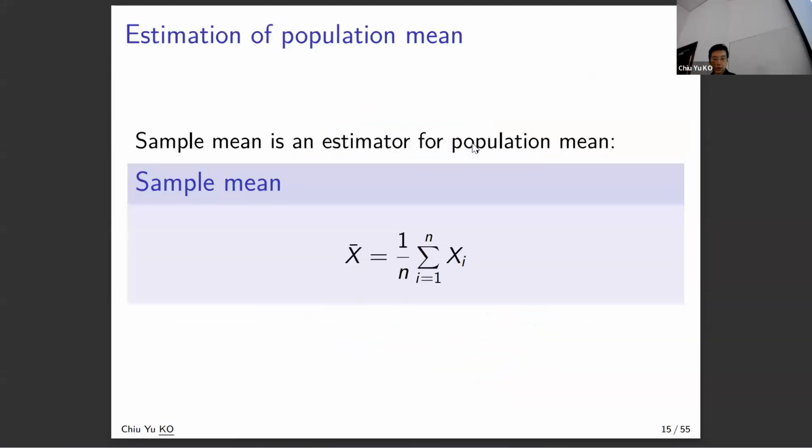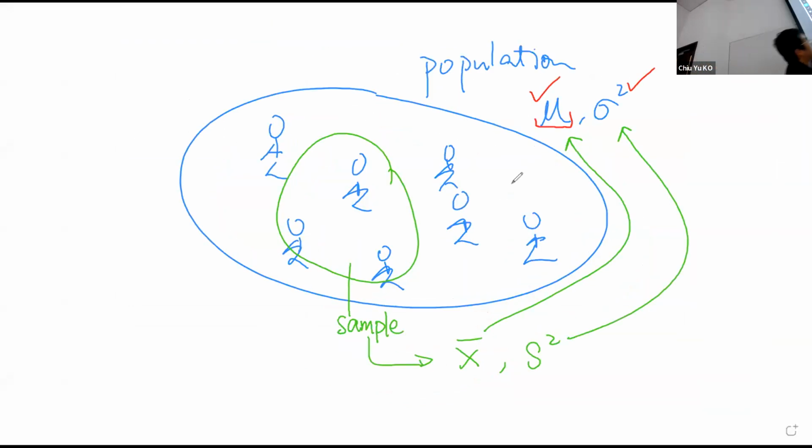So now I've already explained this graph. I hope I gave you the idea why this is good. Using X bar to estimate mu is a good choice because it is unbiased, it's efficient, and it's consistent. Unbiased again means on average hitting the target.